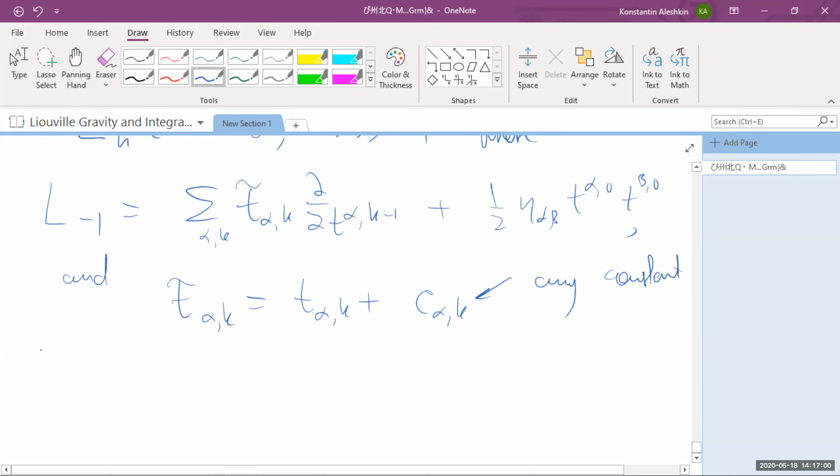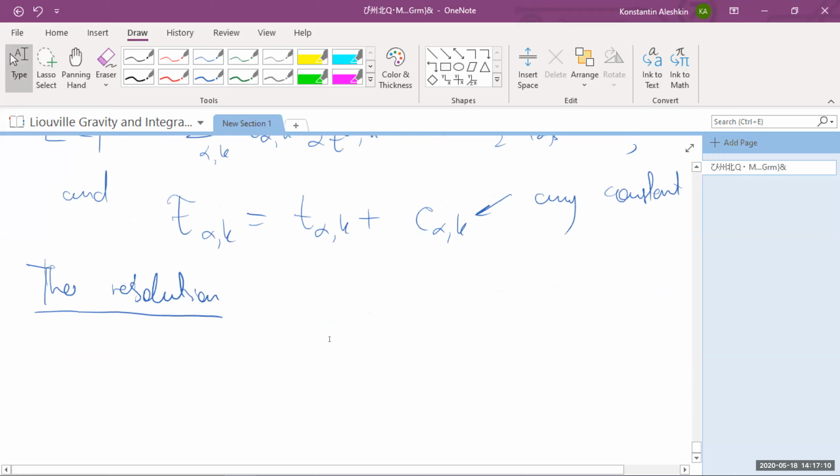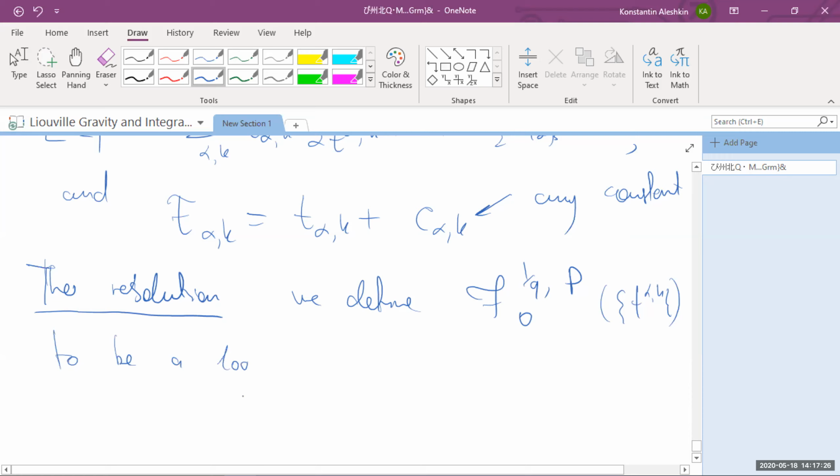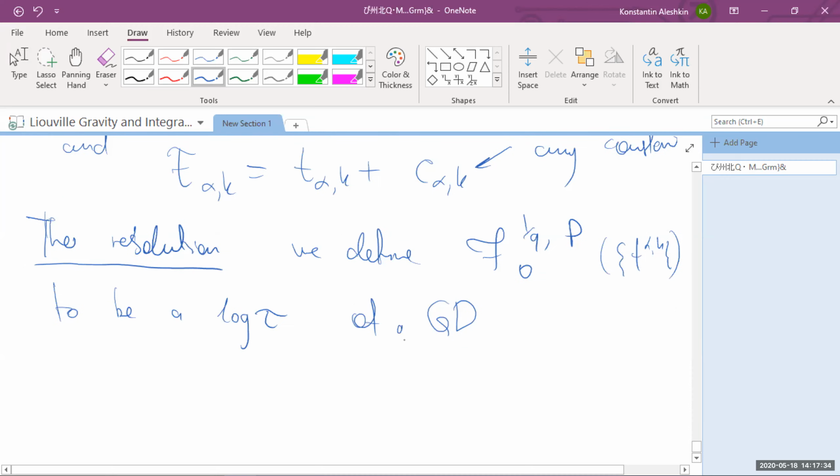So the resolution of our problem is actually to take a different solution, a different set of shifts. We define F1 over Q,P, depending on the same set of times, to be log tau of Gelfand-Dickey, Q's Gelfand-Dickey, for the following choice of shifts.